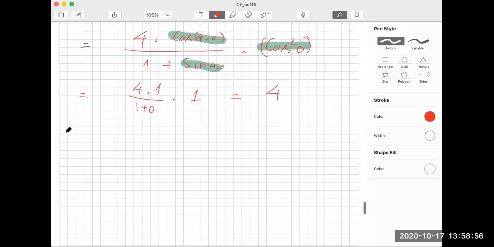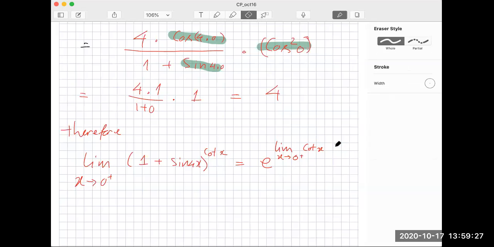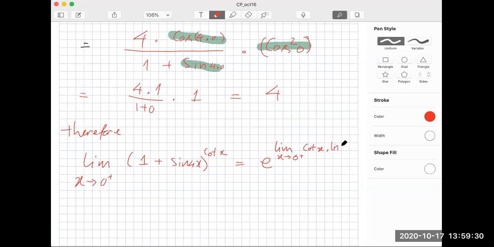But in conclusion, therefore, the limit when x approaches 0 from the right-hand side of 1 plus sine of 4x to the cotangent of x, which is e to the limit when x approaches 0 plus of cotangent x natural log of 1 plus sine of 4x, right?